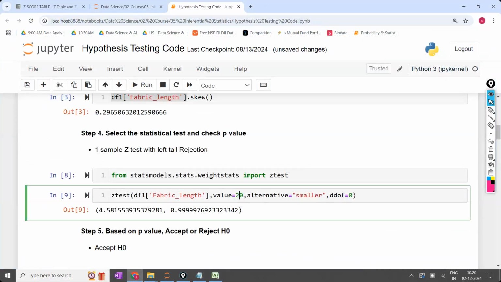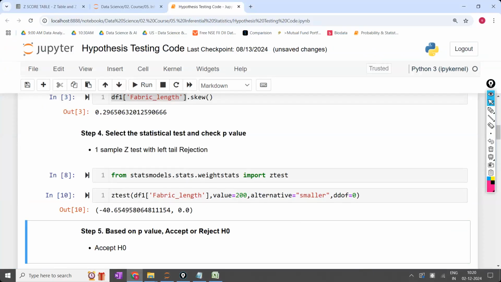Let's try for 200. Now what is the p value we got? 0. Will 0 be in the rejection area or acceptance area? 0 to 0.05 is the rejection area. 0.05 to 1 is the acceptance area. Is it clear now? For 200, it is not acceptable. For 150, it is accepted.